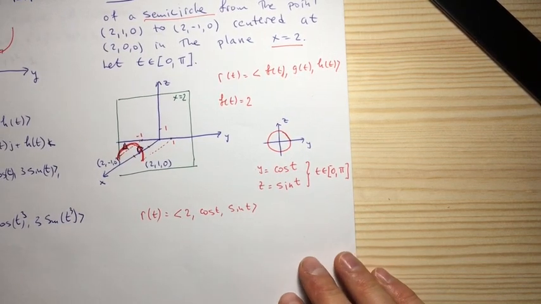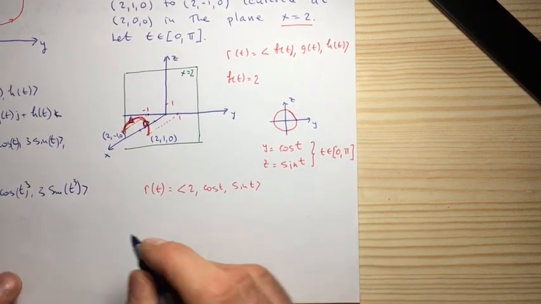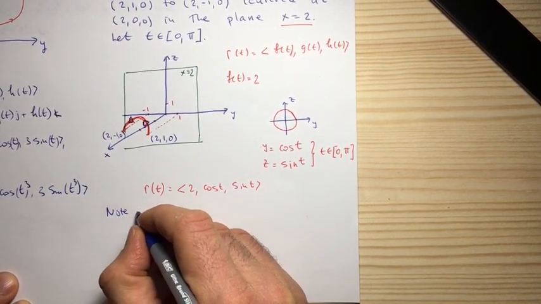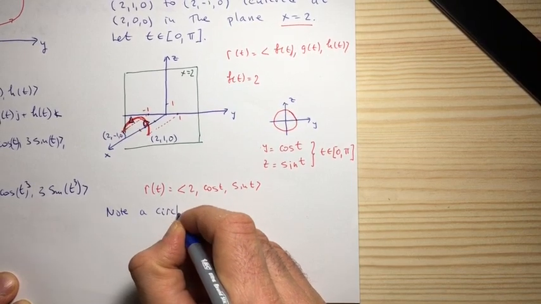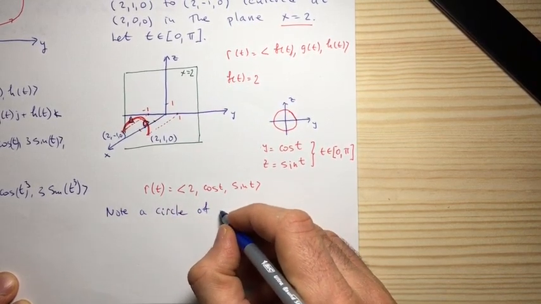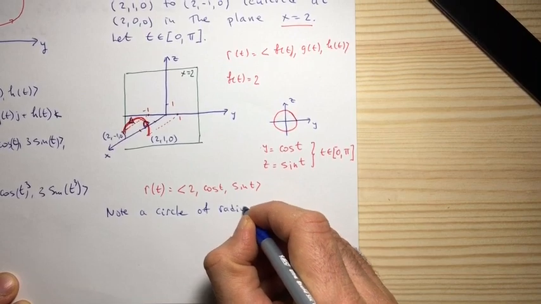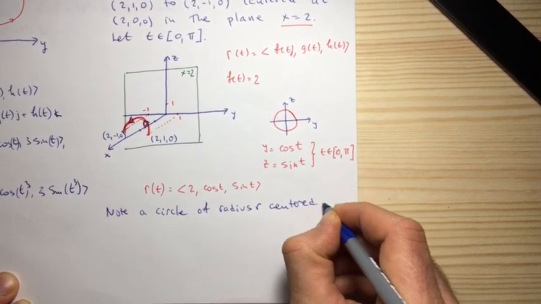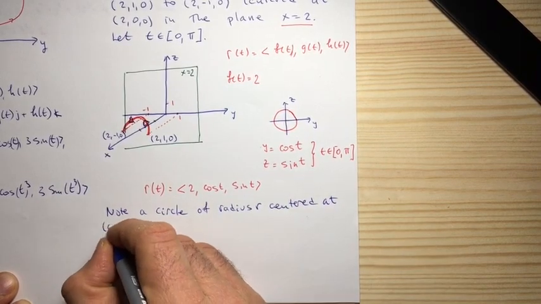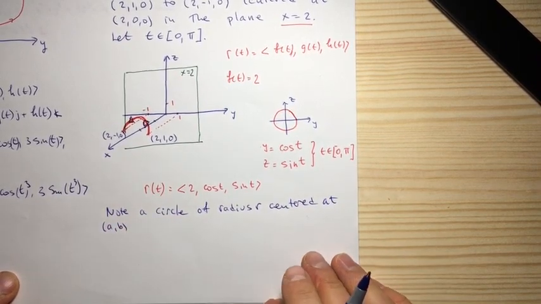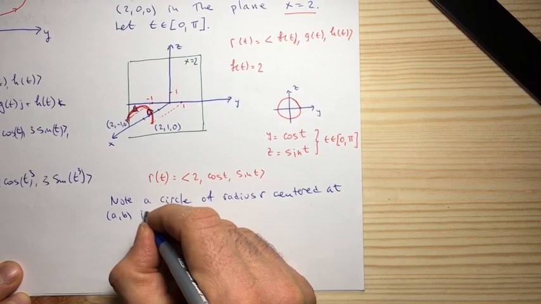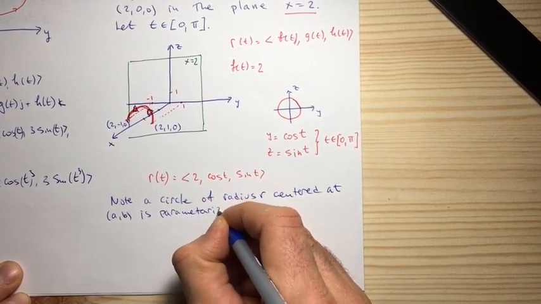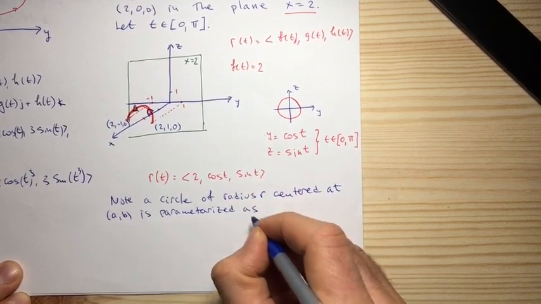Also, I just want to remind you that a circle of radius r centered at the point (a, b) is parameterized as follows.